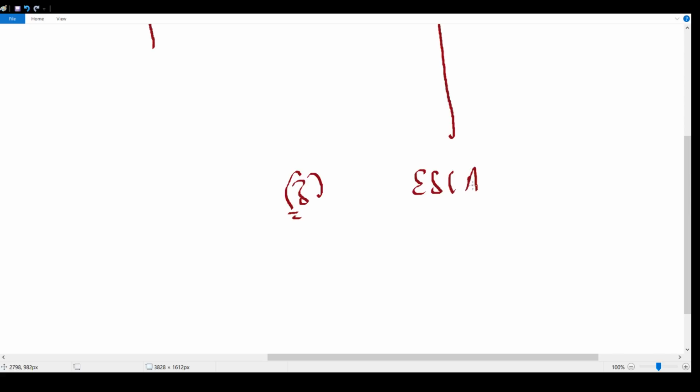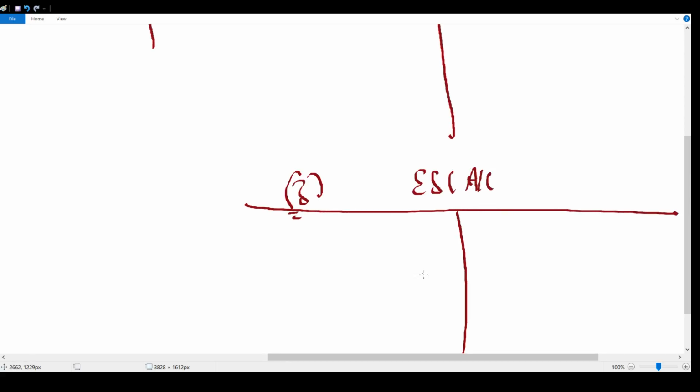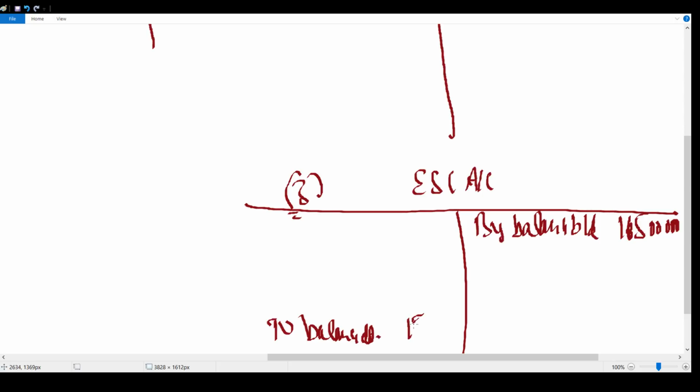Equity share capital account. By balance brought down 16 lakhs, to balance carried down 15 lakhs.